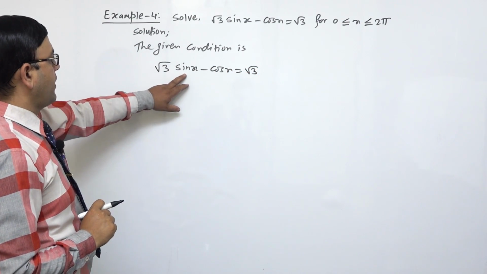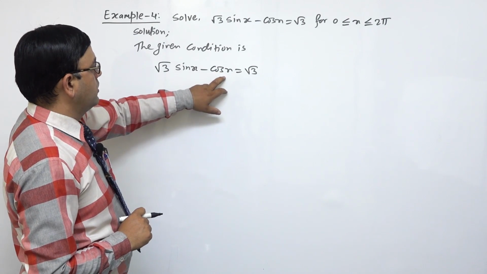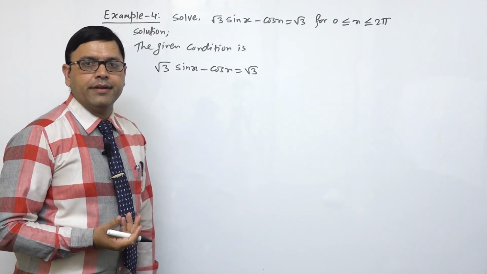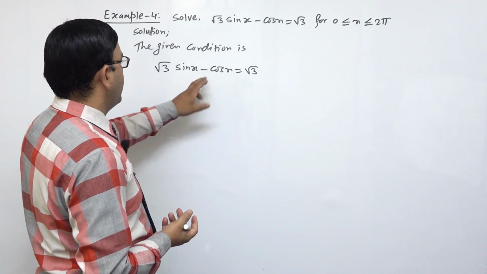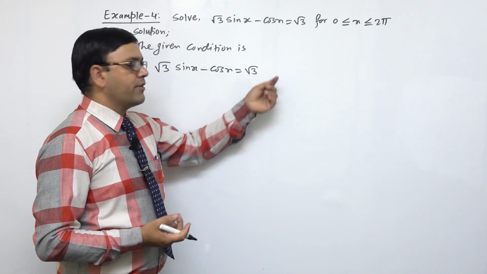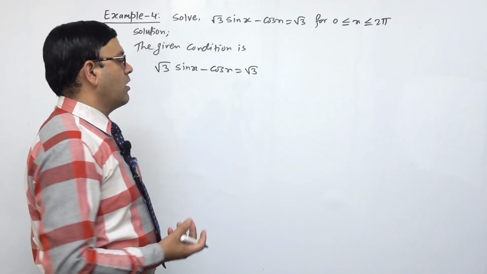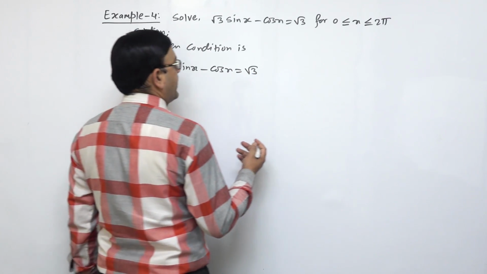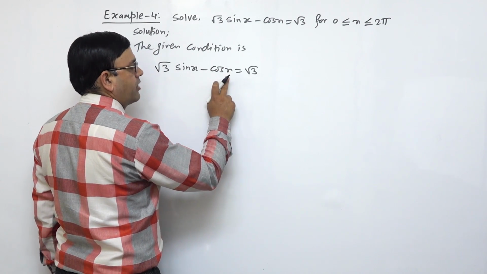Here there is sin and cos. So we can square both sides, or take cos x to the other side and then square both sides, or we have another way also. We take the coefficient of sin and the coefficient of cos.